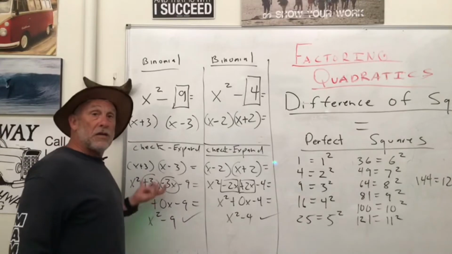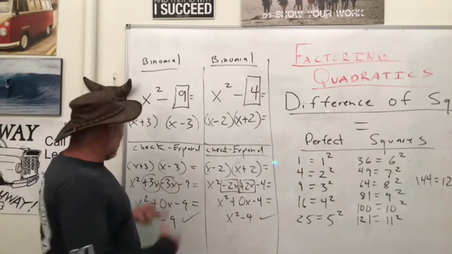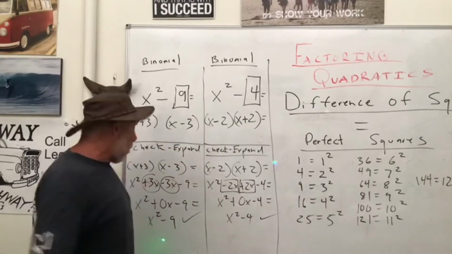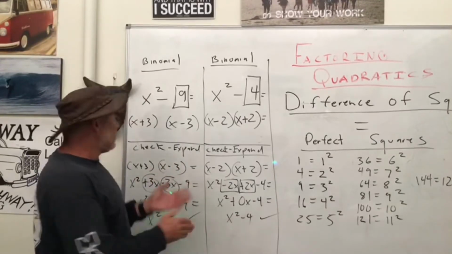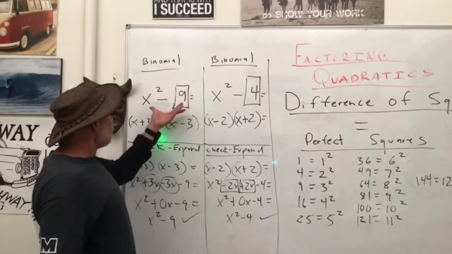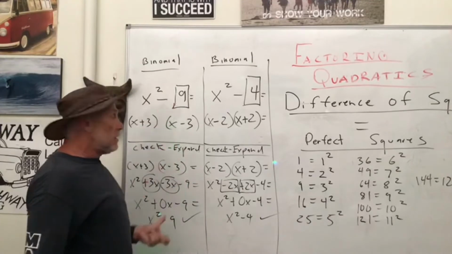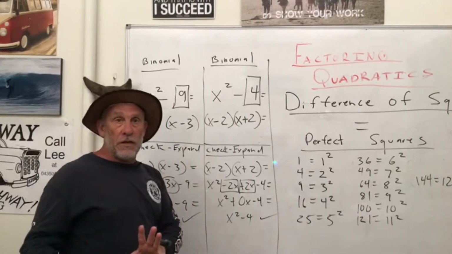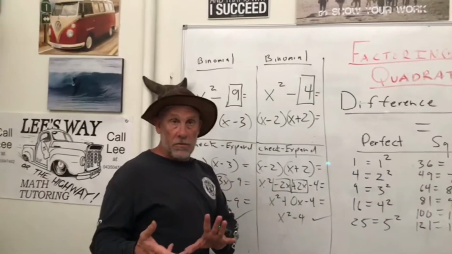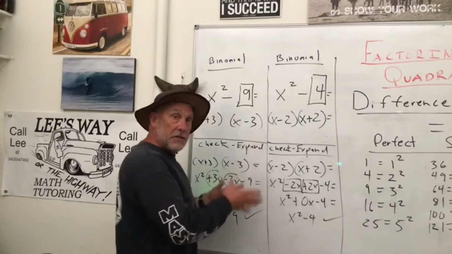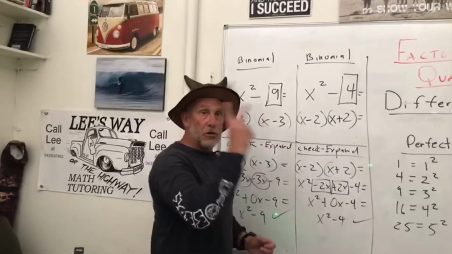And 3x plus negative 3x, or 3x minus 3x, is 0x or 0. Hence, we have no middle term and we're left with a binomial. Now, the patterns we did before this were trinomials, and so this is different. This is a binomial pattern, 2 parts.